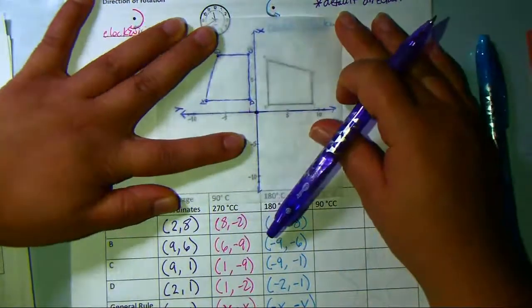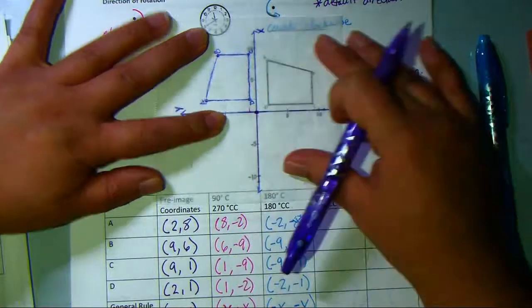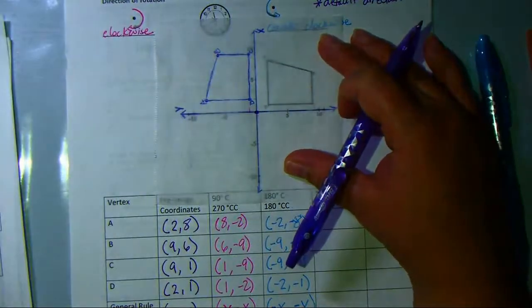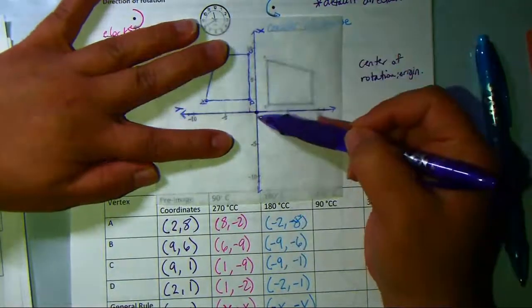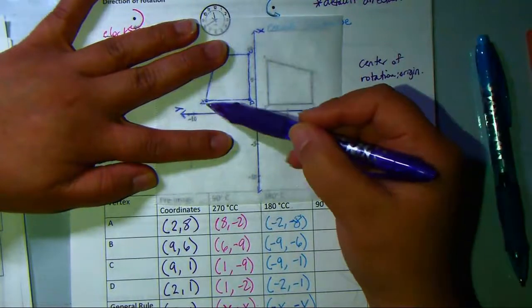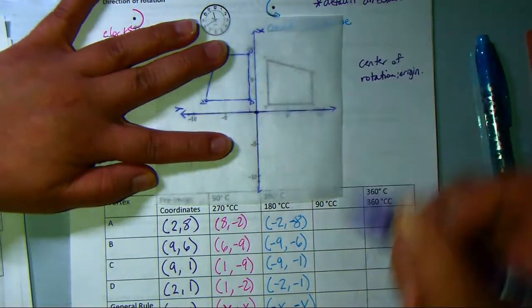So when we do this 90-degree counterclockwise and 270 degrees clockwise rotation, let's take a look at our points. It looks like for A, we have a -8 and a +2.